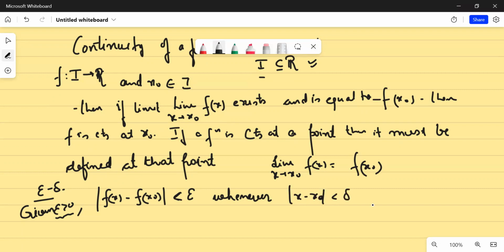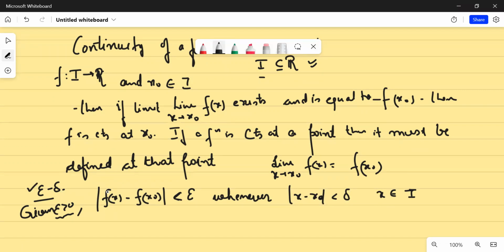That small is written as delta, and here x belongs to the interval I. Whenever you take x in very close vicinity of x naught, your function is in close vicinity of f of x naught. This is referred to as the epsilon delta definition of a continuous function.